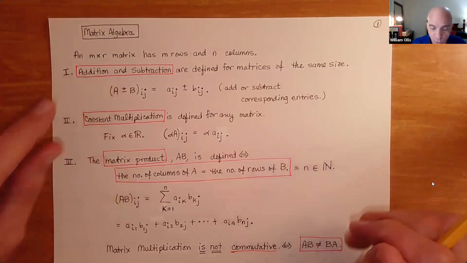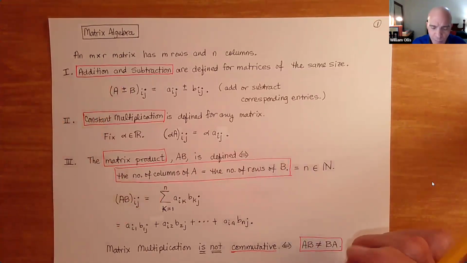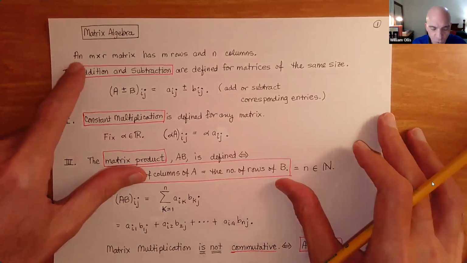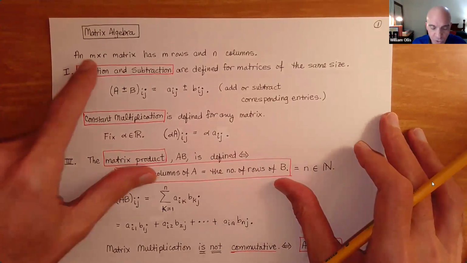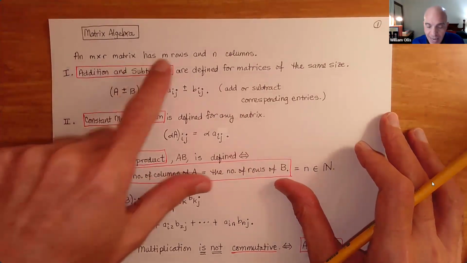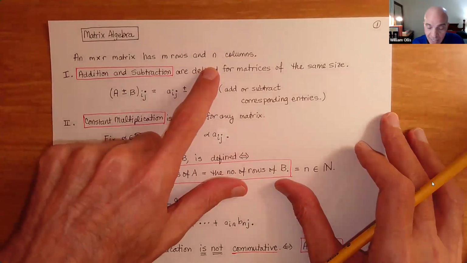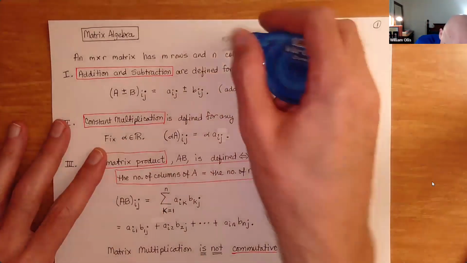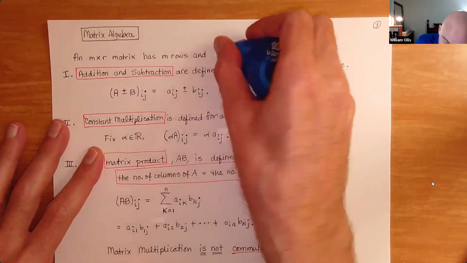Before I begin this, let's talk about sizes or dimensions of matrices. For instance, when we discuss the following notation, I will say an M by R matrix has M rows and R columns.